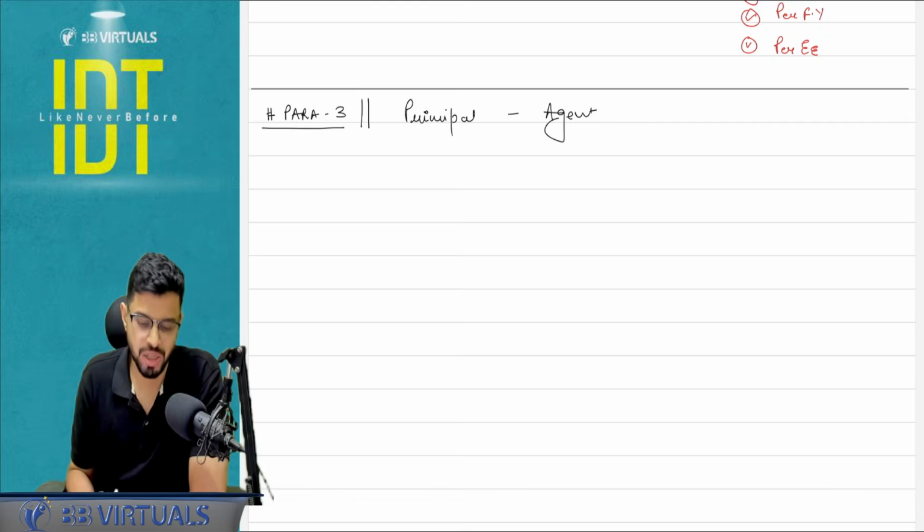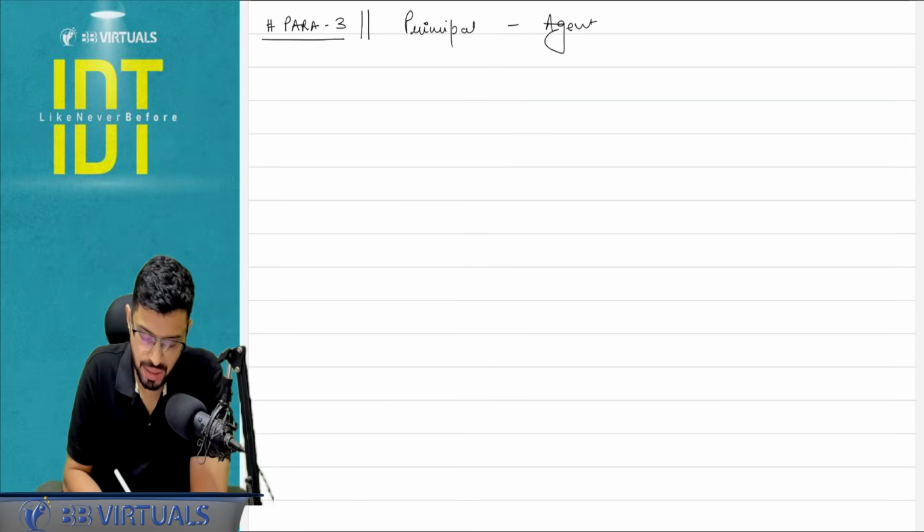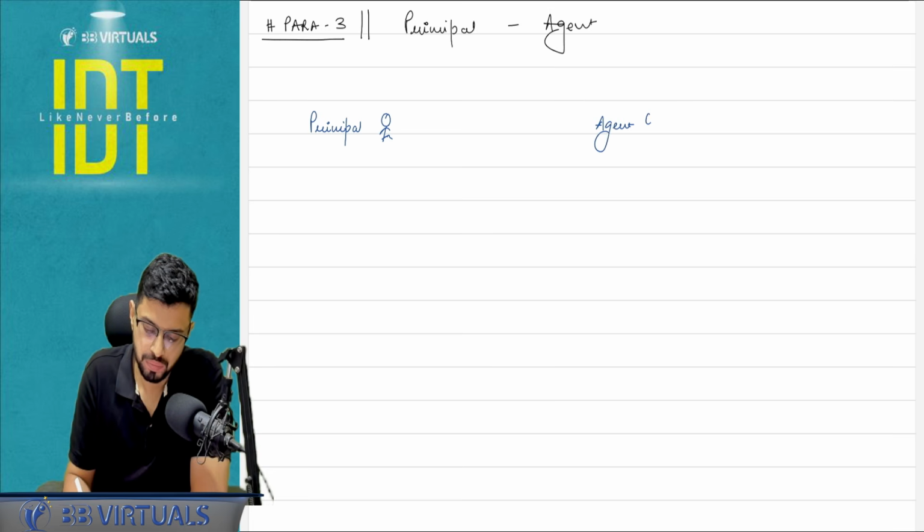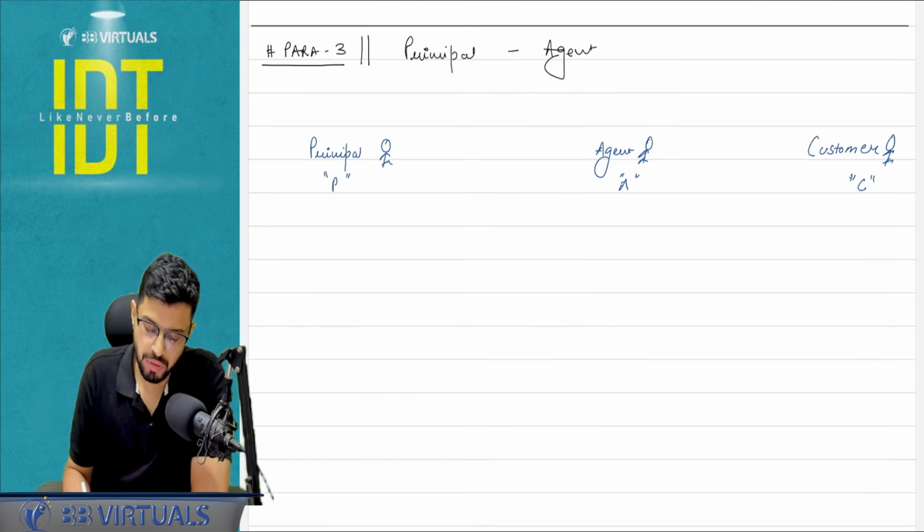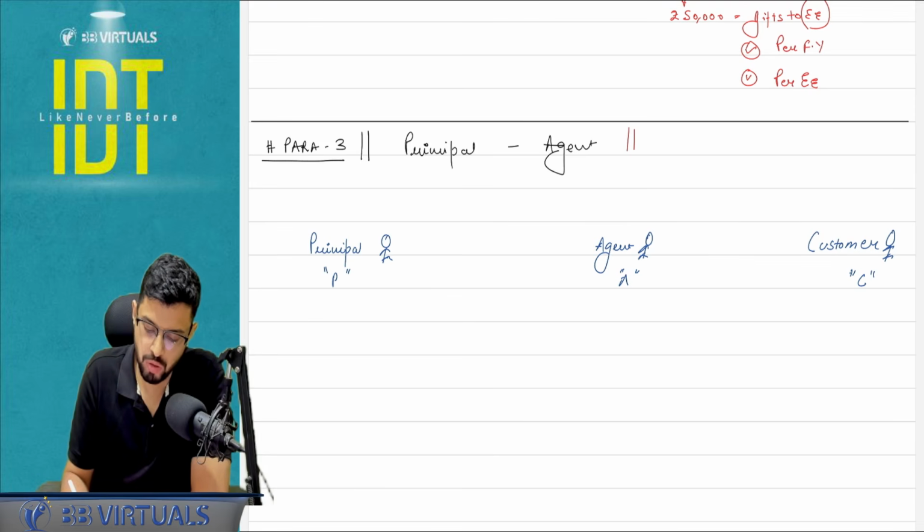So what is the question we are answering here? Please pay attention. Here there is a principal, P, here there is an agent, A, and the final customer, C. Now we are talking only and only with respect to goods, not services.